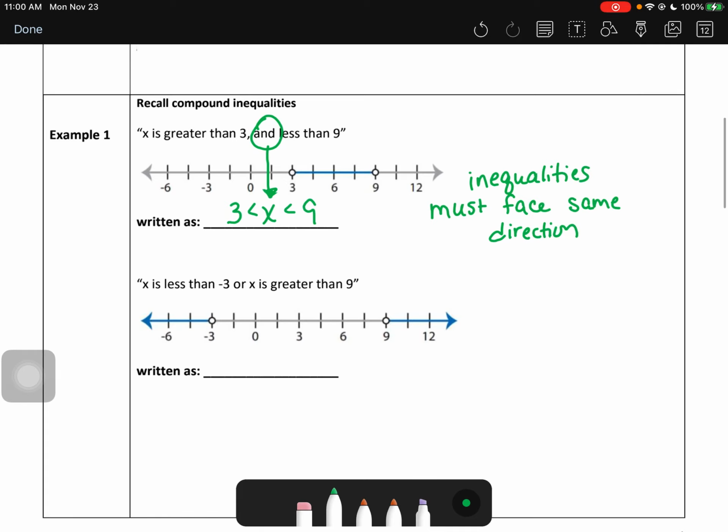And that would be for our and inequalities. When we have the or inequalities, we write this as x is less than -3 or x is greater than 9. So these can be different directions.